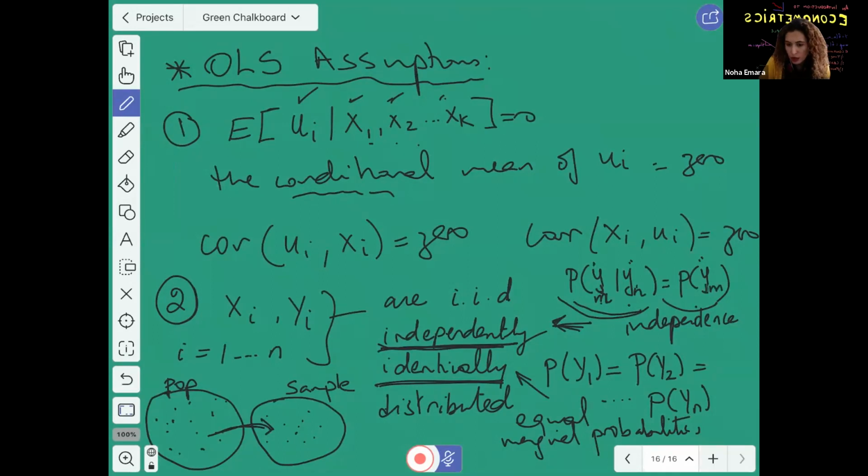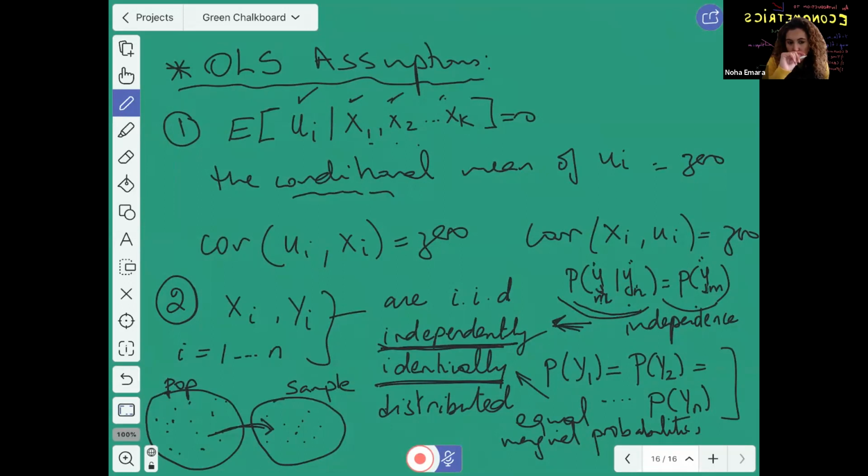So you can just have any letters. You can have 1 and 2, 2 and 3, 2 and 1, 2 and 10, whatever. It's going to apply to each and every observation I have. And the same goes here, right? So this is assumption number 2.